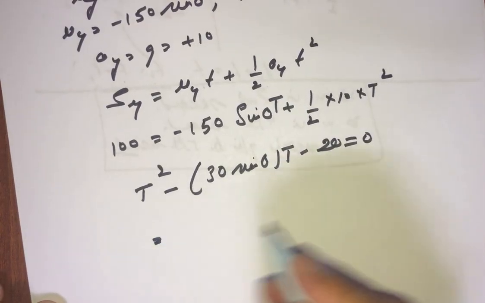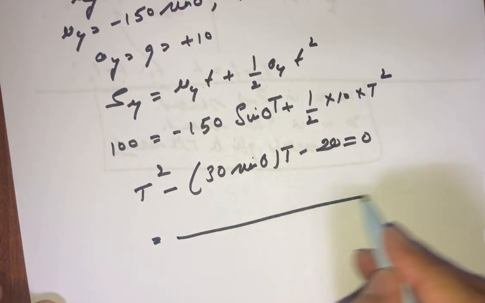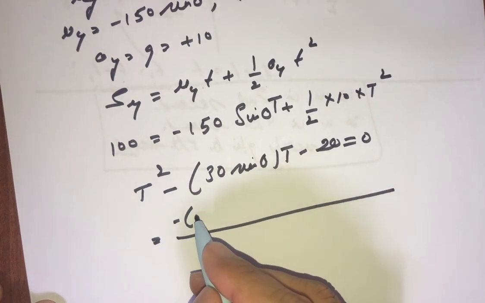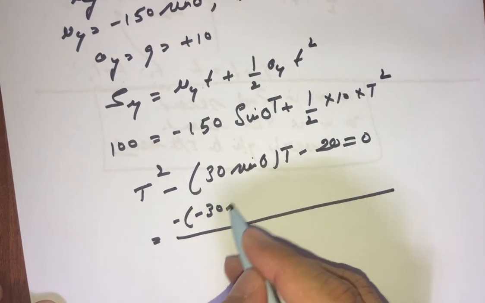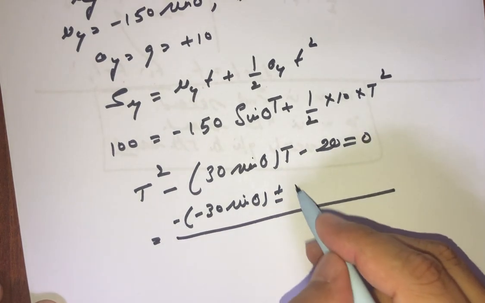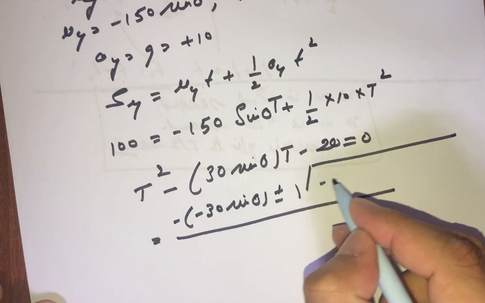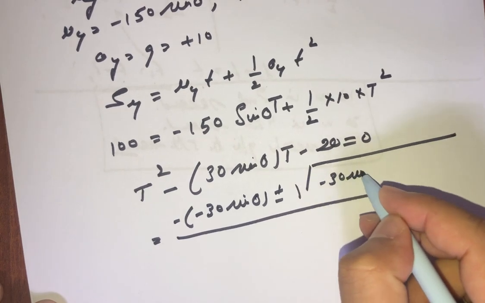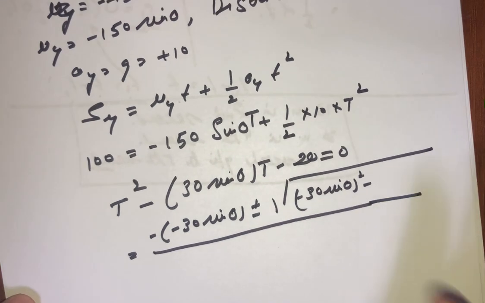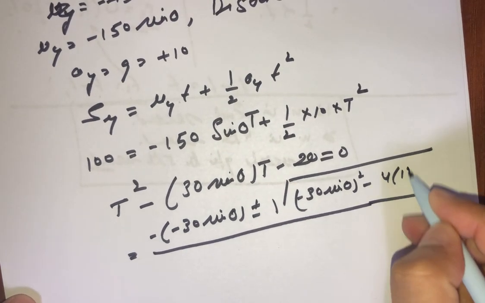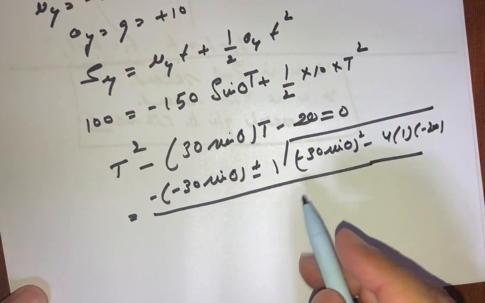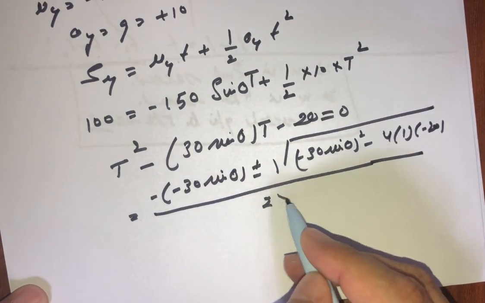So we can use the formula for finding the roots of the equation, which is minus b plus or minus square root of b squared minus 4ac, divided by 2a.